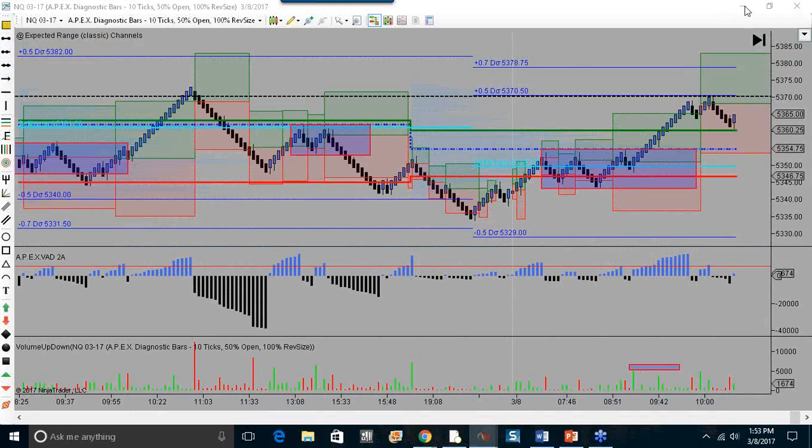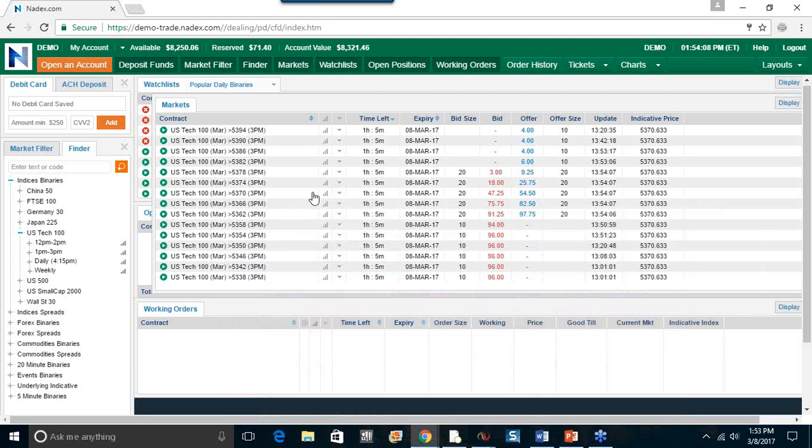I don't always just have to have the mindset of trading to expiration. If I think the market's going to move up to this level of 53.78, I know that when it gets there, this binary will be approximately worth $50. So that can help me target it. If I say, hey, that's where I think the move is going to go to, let me find a strike that's there.